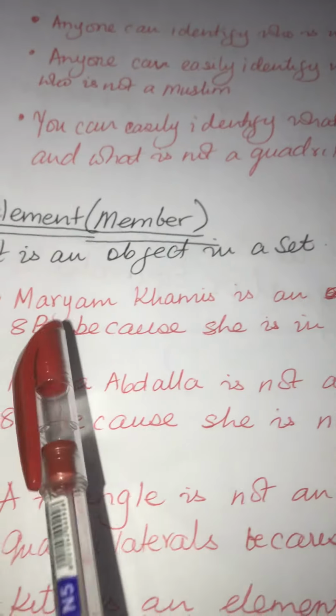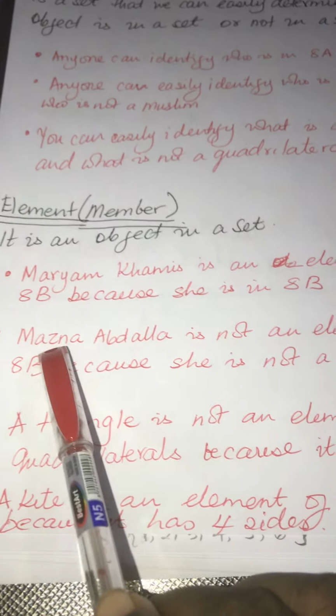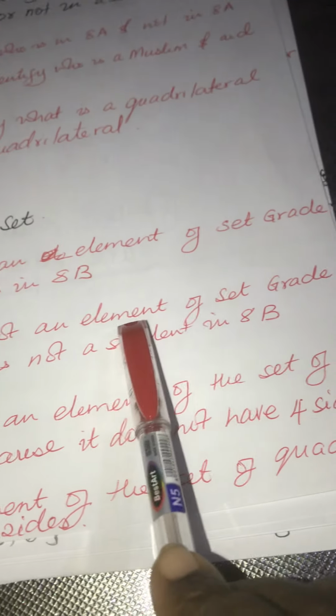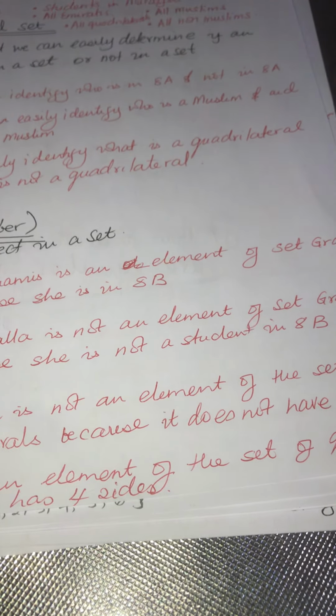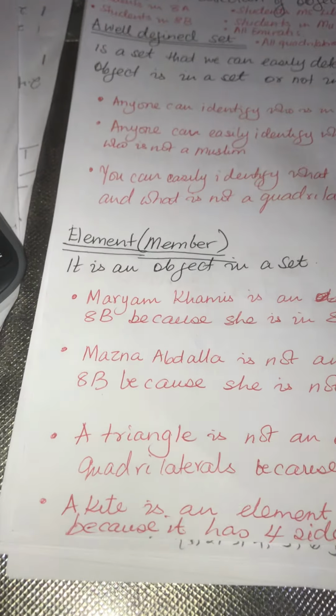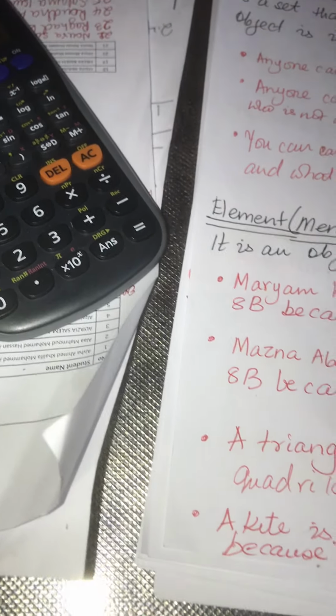Mariam Khamis is an element of set grade 8B because she is in 8B. Muzna is not an element of set 8B because she is not in 8B. That's how I know who is in a set and who is not in a set.